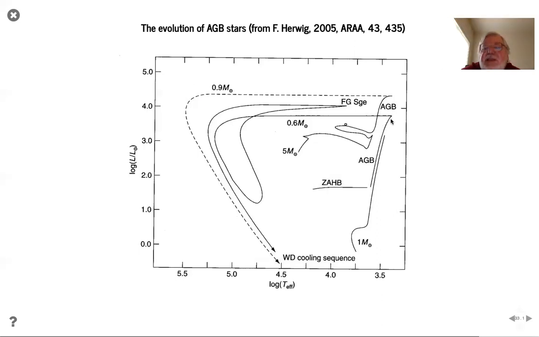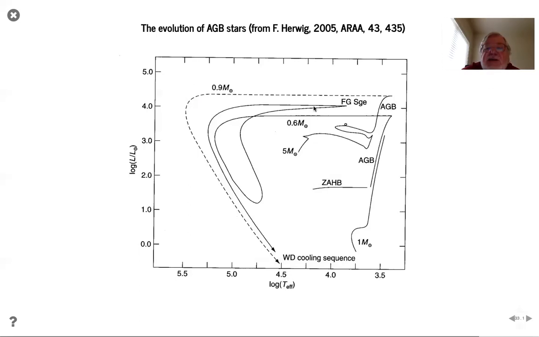And then when the planetary nebula is lost, and we have a naked, almost naked carbon-oxygen core or carbon-oxygen white dwarf, the star moves almost horizontally to the left. This loop corresponds to the last helium burning shell here.